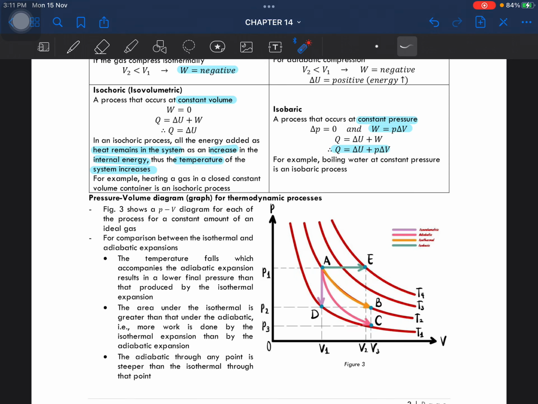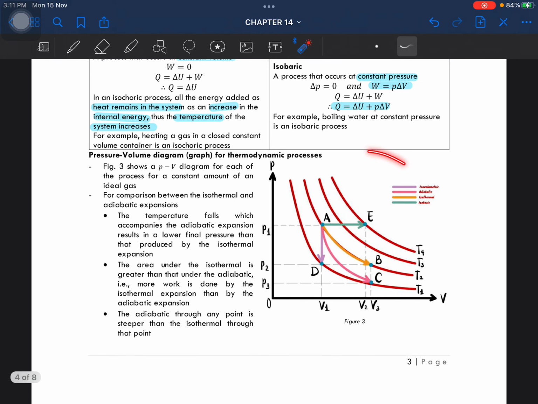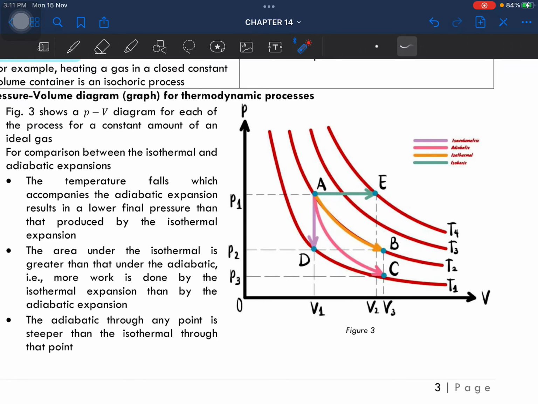Alright, the pressure volume diagram. This graph shows each of the processes for a constant amount of an ideal gas. For example, if it starts at A. This purple line here is an isovolumetric process, because the volume is constant; there is no change in volume.